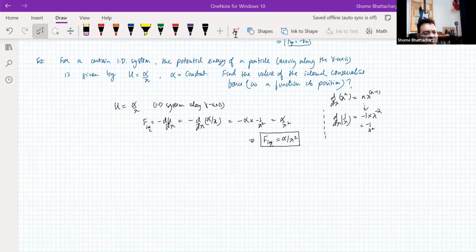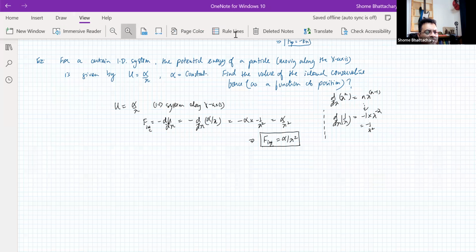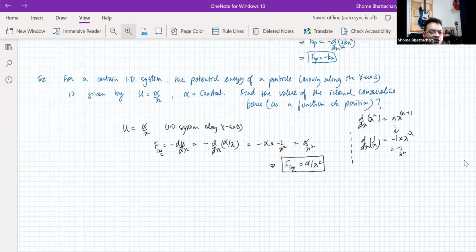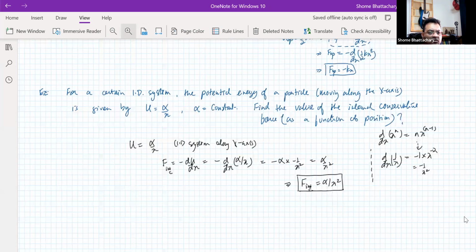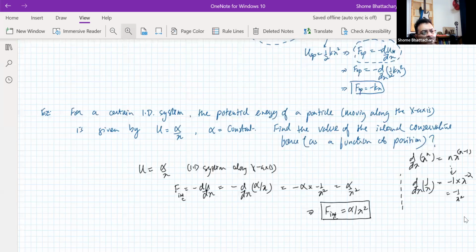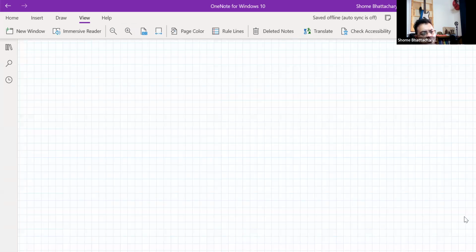Okay, now the next thing we will understand is the concept of stable and unstable equilibrium position.